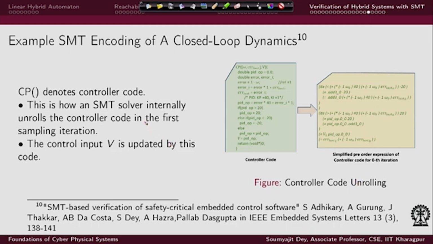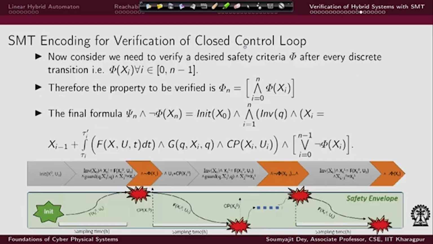So, it will unroll the controller code up to k iterations, then put it in an SSA form, and then transform it into these pre-order expressions. That means, for every expression the operator will come first, then operand 1 and then operand 2, and this is how the solver will modify the program. Okay. And then it will try to generate a suitable set of clauses for this program, which we abstractly represented here using this CP. Okay.